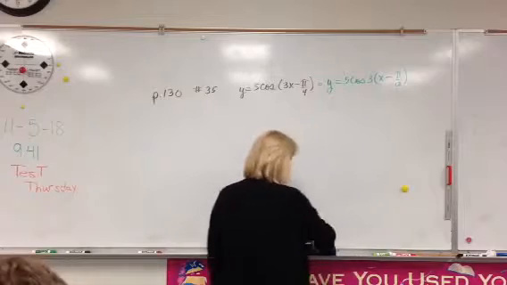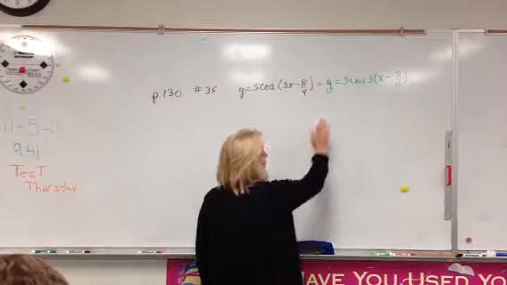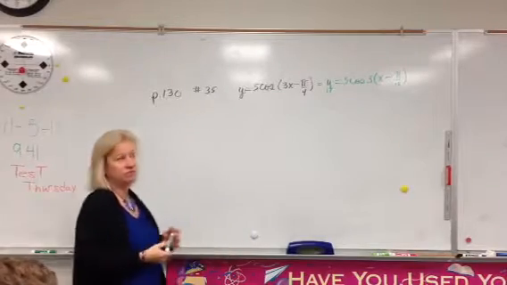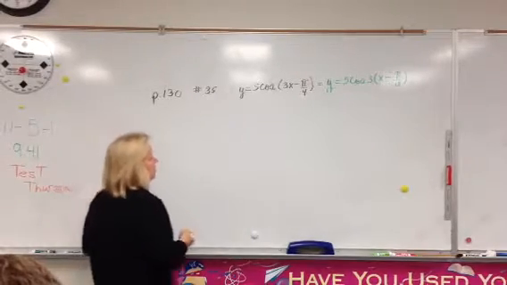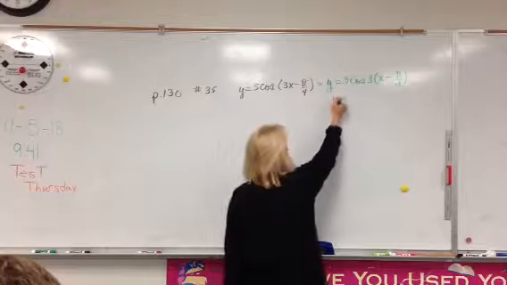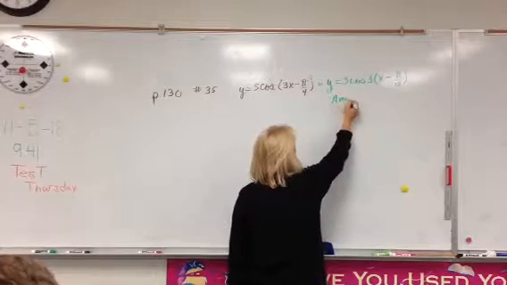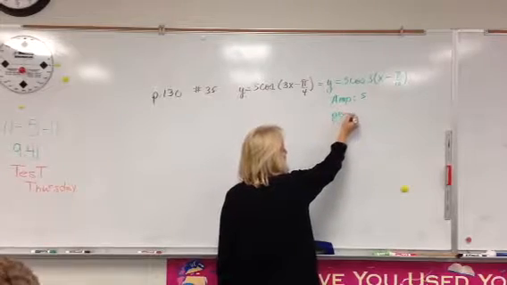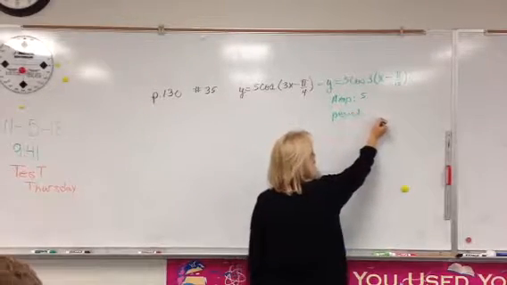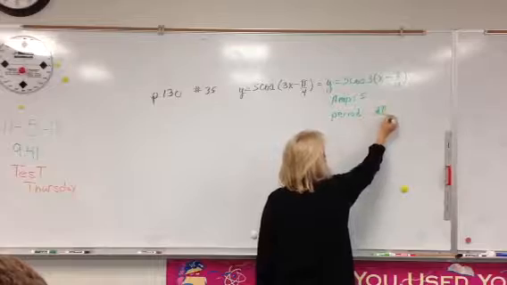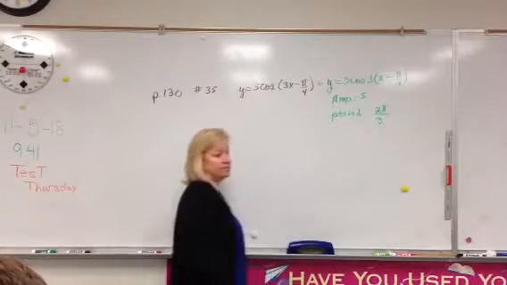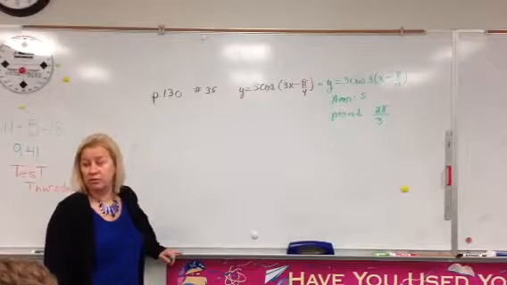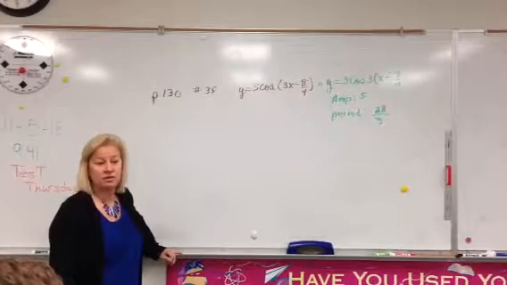Okay, then we are going to graph 5 cosine 3x first and apply the phase shift last. So the amplitude is 5. The period is 2 pi divided by 3, which you're going to leave as 2 pi over 3 because it doesn't divide in there evenly.